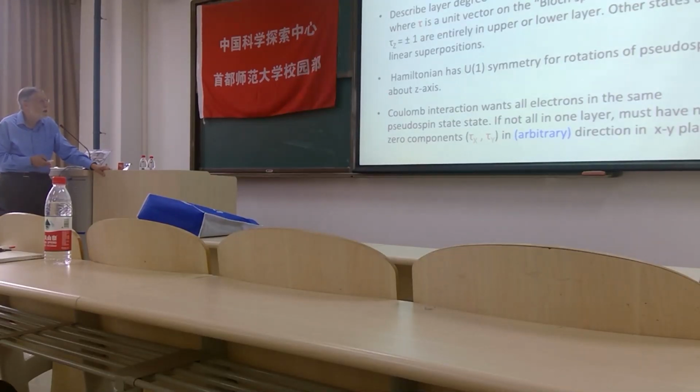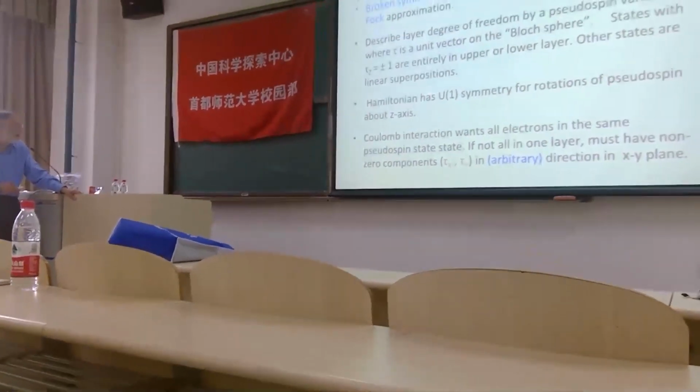Basically, it can be understood in Hartree-Fock if you think about the layer degree of freedom as a pseudo-spin variable, and then you can define operators tau x, tau y, tau z. Tau z tells you whether it's the upper layer or lower layer, and tau x, tau y act like the spin matrices, which mix them. You can characterize a state by the expectation value for this tau, which lives on a sphere, and the Hamiltonian.